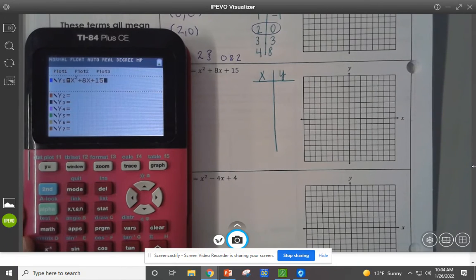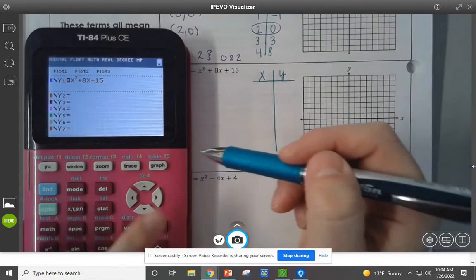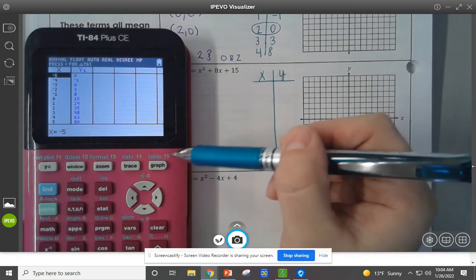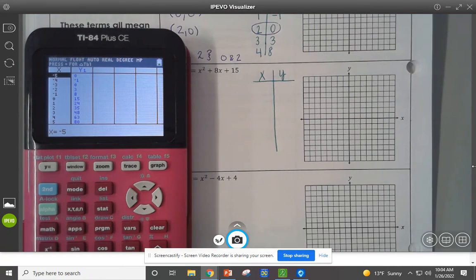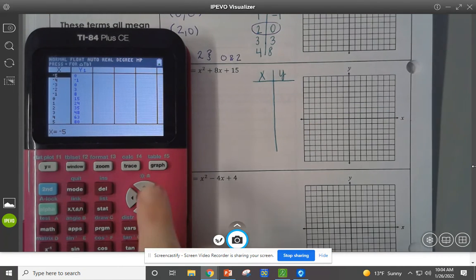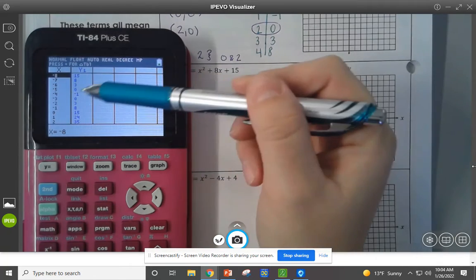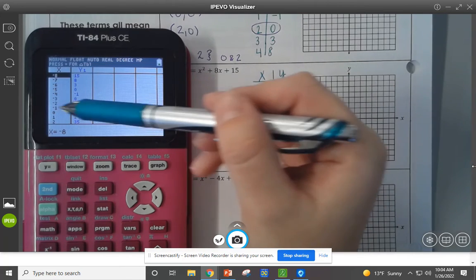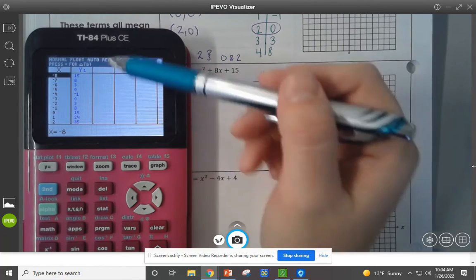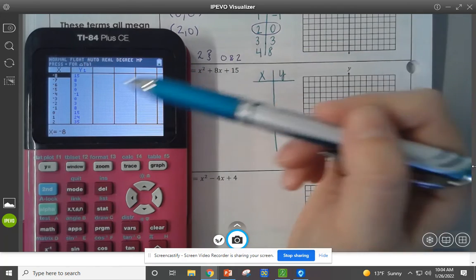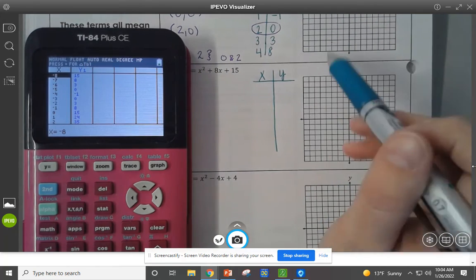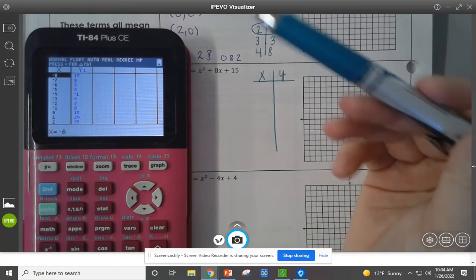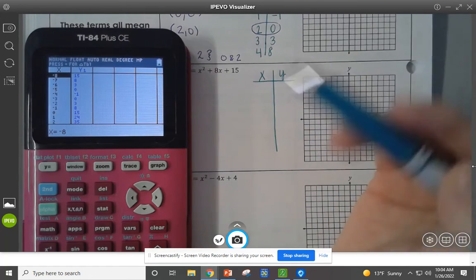We're going to look at the table, so second graph, because it says table up there in blue. You might have to scroll up or down a little bit to find the numbers that will fit on your graph. None of the numbers that we write down can be bigger than 8, because that's how far our graph goes. If our graph went up to 20, we could use numbers up to 20.